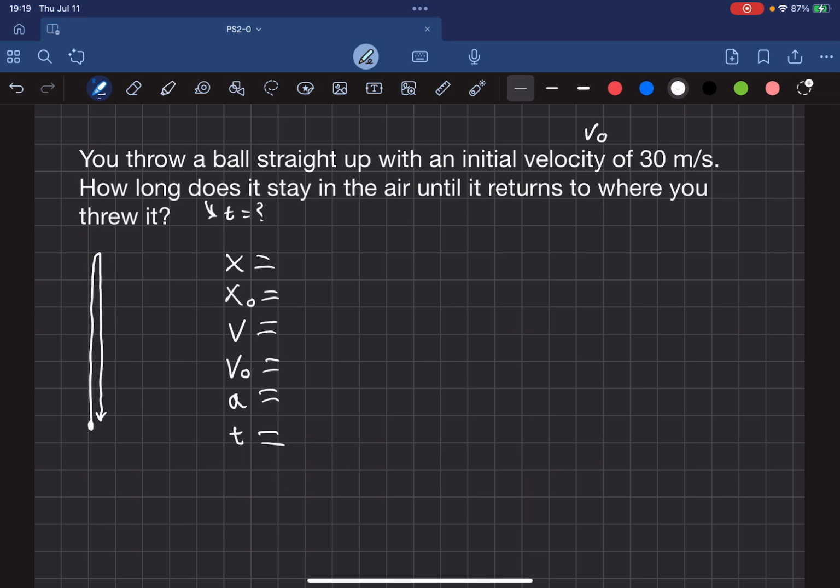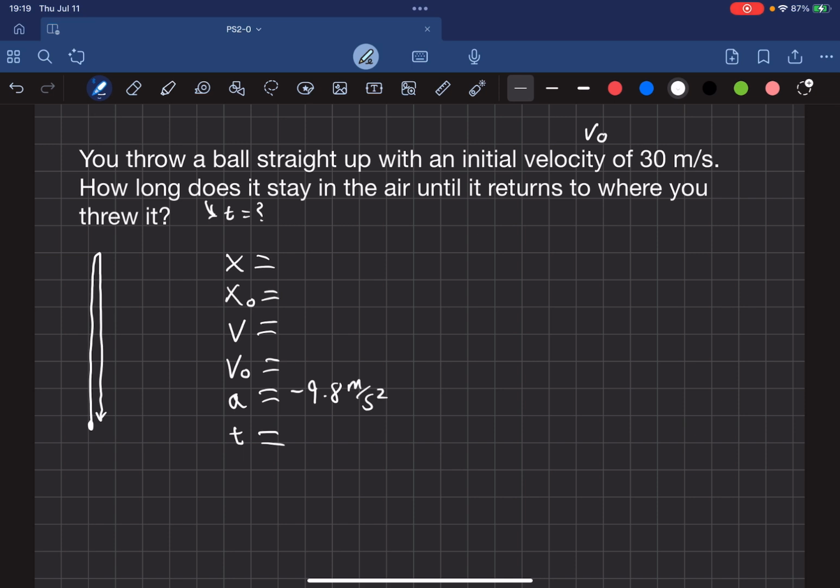Now, looking at this problem, it's going to seem like we were not given enough information. We have only been given explicitly one number, and that is 30 meters per second as the initial velocity. But there are some other values that we are given that are not explicitly stated. The first value is that we are given acceleration. It is negative 9.8 meters per second squared.